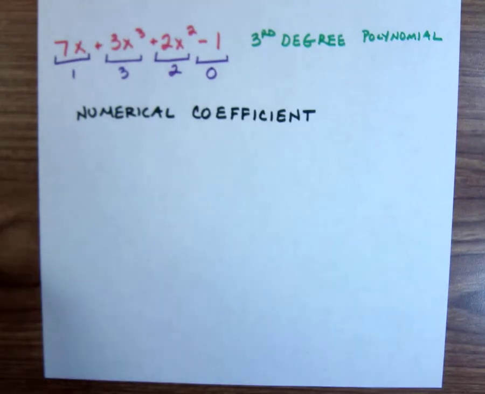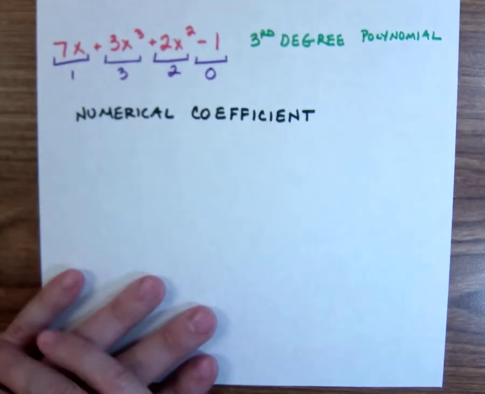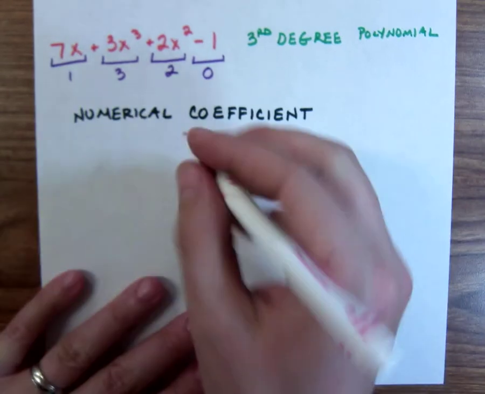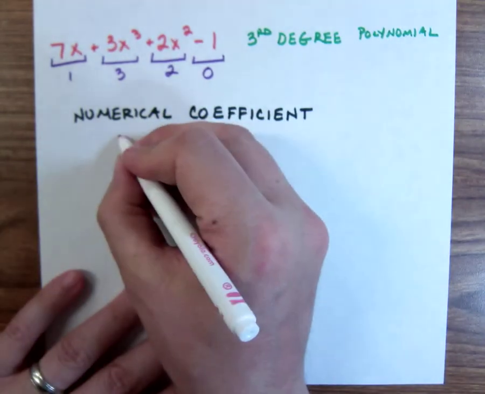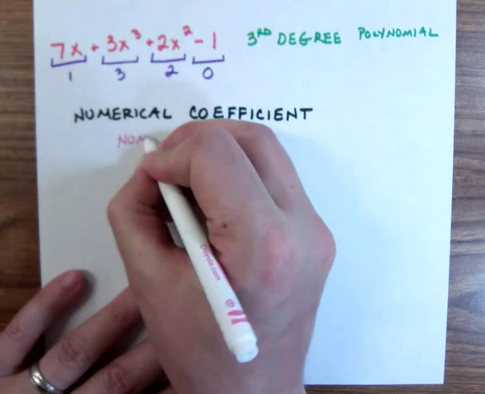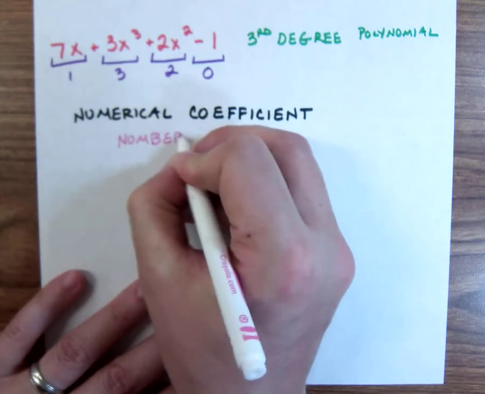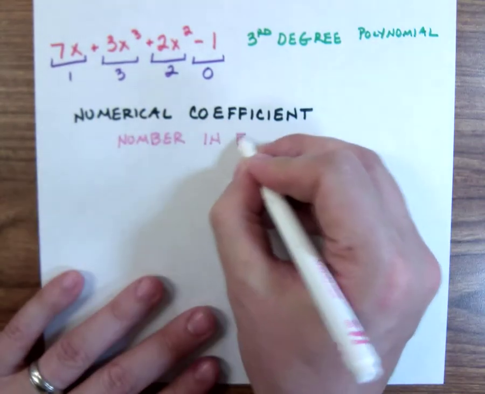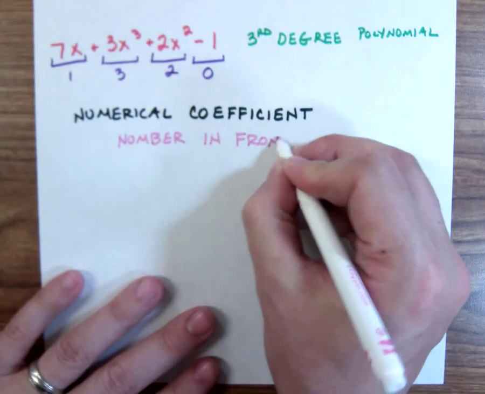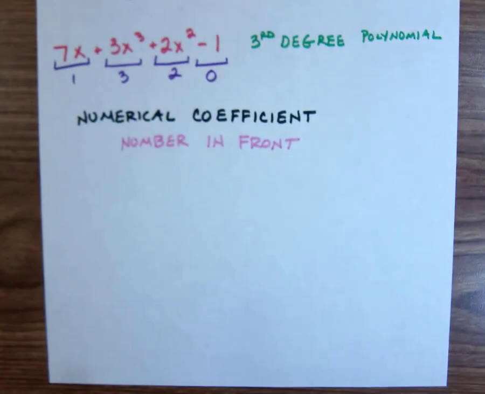Yeah, there you go. Honesty. Any ideas what a coefficient is? Like a substitution? It's much easier than that. It's division, right? Coefficient is the number in front. It's the number in front.